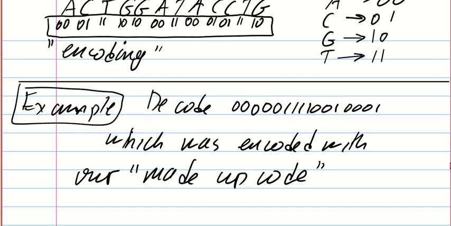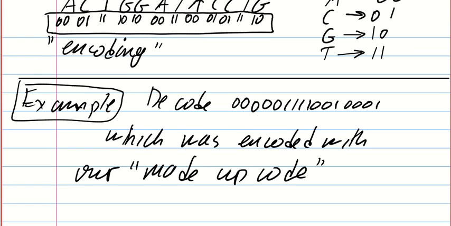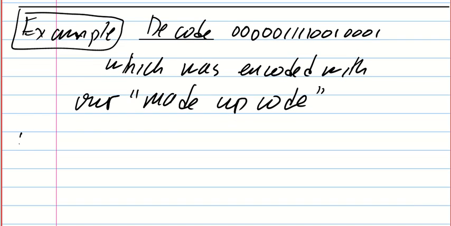So this sequence was encoded with the made-up code, and we would like to decode it. So we're doing decoding now.